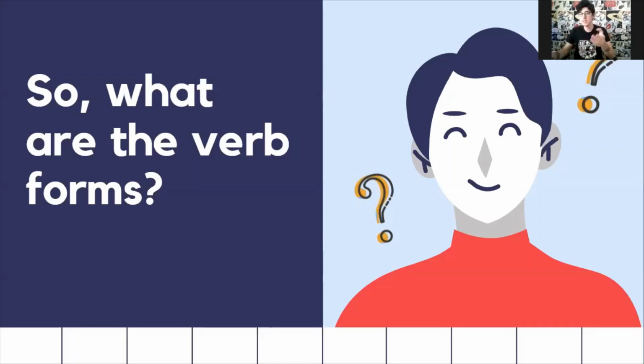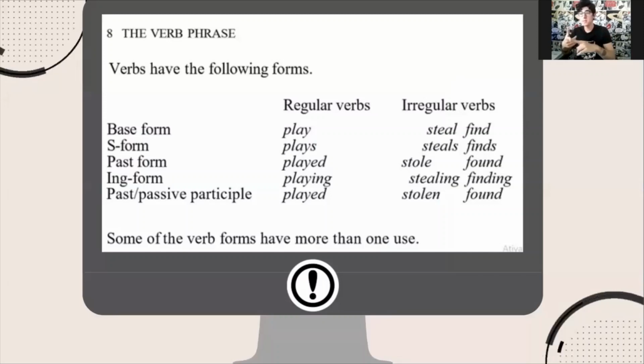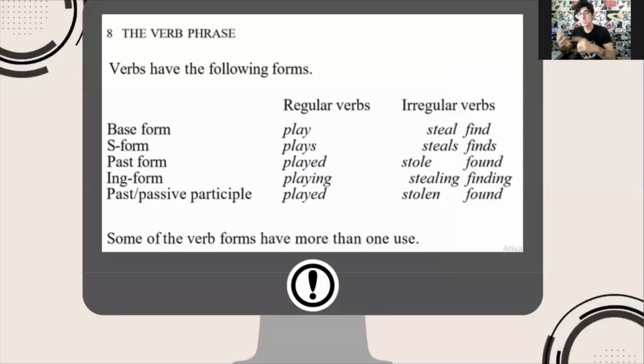So let's see this board here. On this board, I have the verb phrase. Verbs have the following forms: base form, S form, past form, ing form, past participle form.